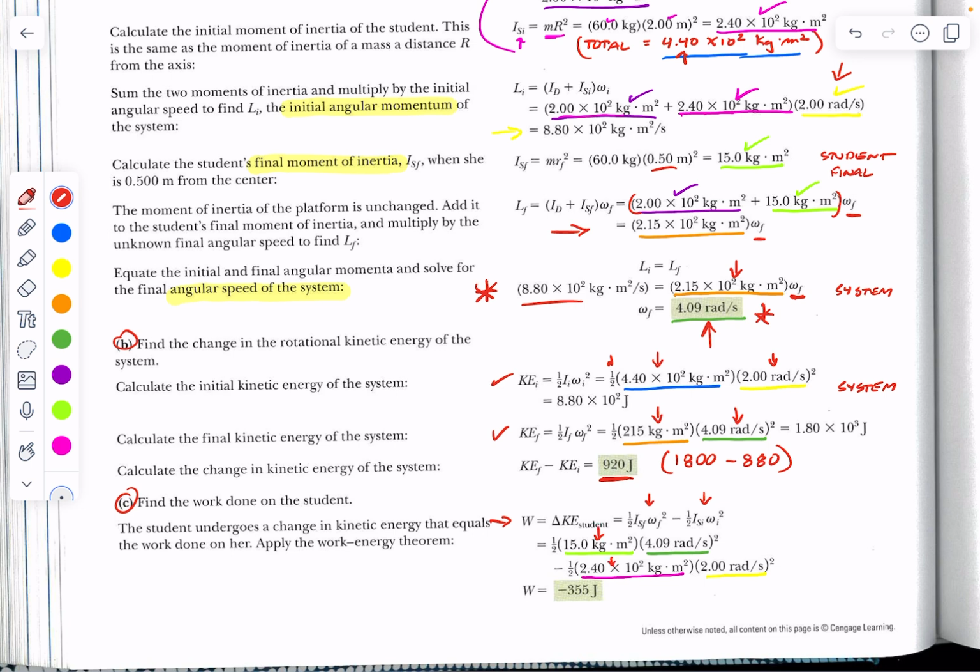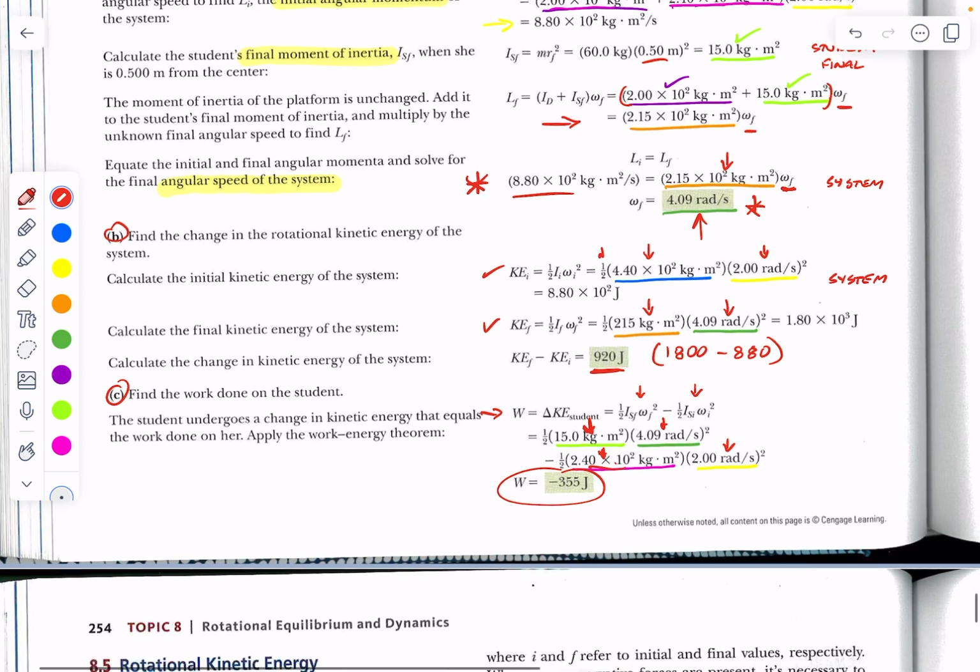This is closer in. This is far away. So what you have here is the smaller rotational inertia because the student is closer to the axis and a greater speed. And then down here, the student has the greater rotational inertia when the student was at the edge and a slower speed. And the difference gives us a loss of 355 joules.